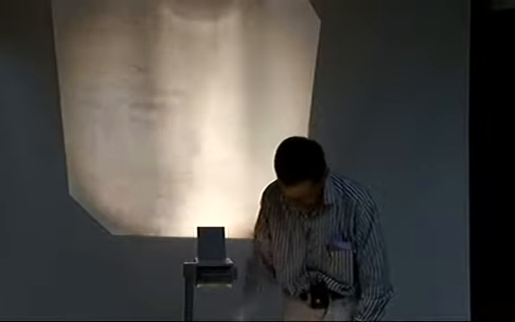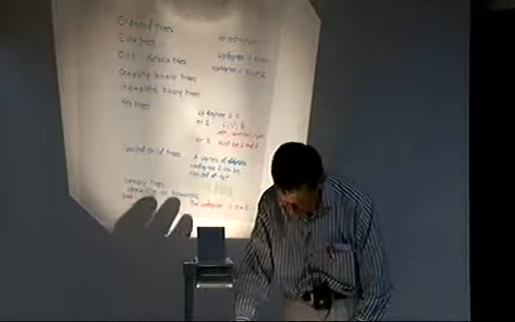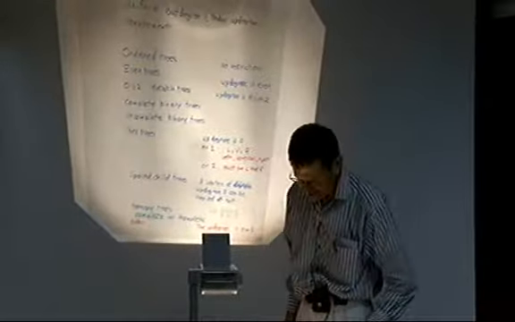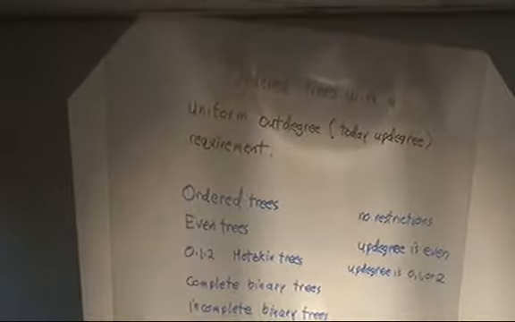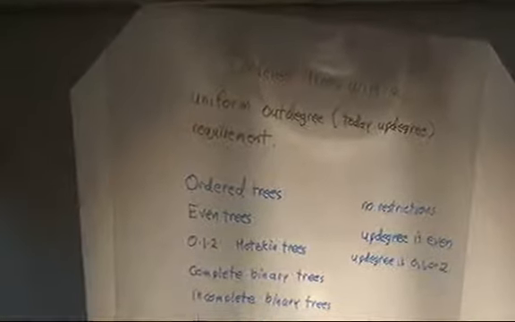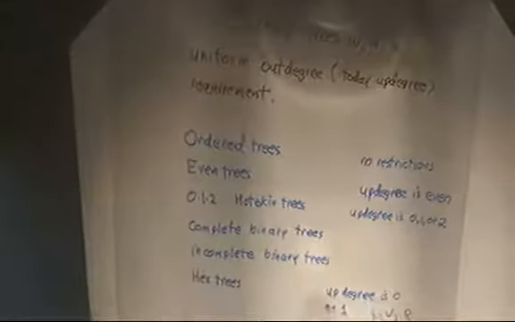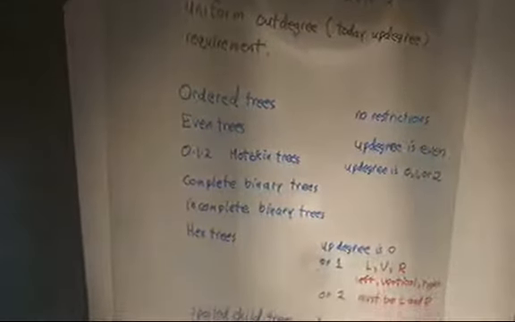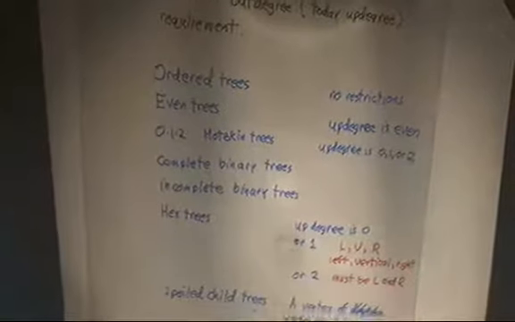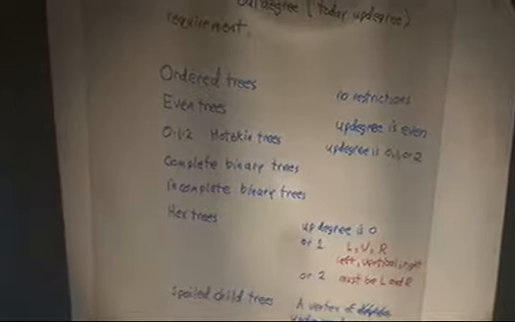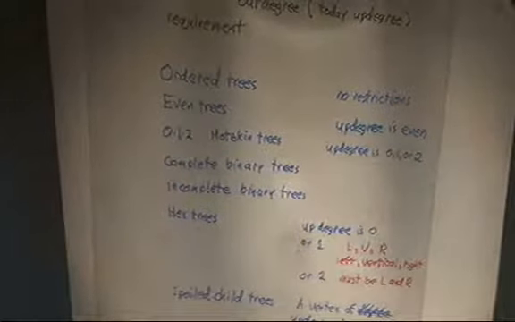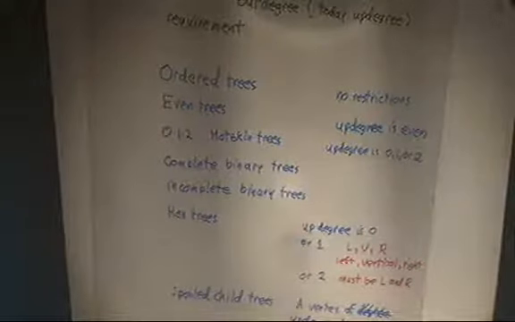Ordered trees with a uniform up degree. Well, there's ordered trees themselves, even up degree, if the up degree of every point is some even number. If the 0, 1, 2 Motzkin trees, this gives you the Motzkin numbers again, the up degree of every point is either 0, 1, or 2.